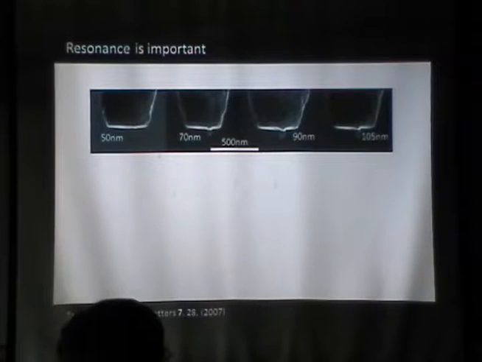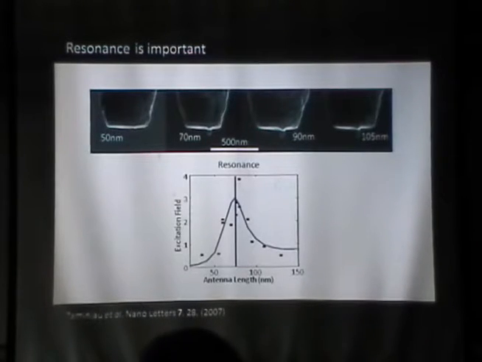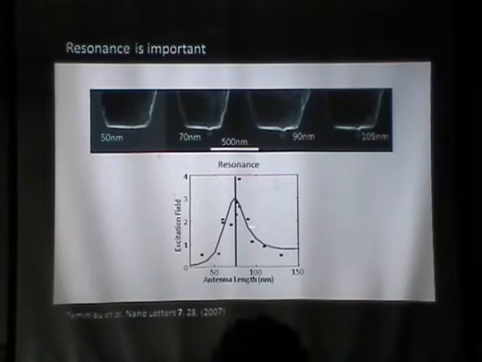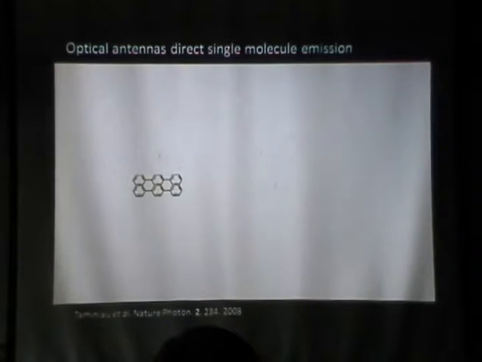So okay, we have aluminum, we have this diameter of this rod, and then we have to tune the length to the right color of the excitation light, or the emission line of the molecule, depends on what we want to do. So we have to test different lengths, and we saw the resonance with quite some scatter in the data, but still the resonance is visible, and so we can pick the right antenna for our molecules.